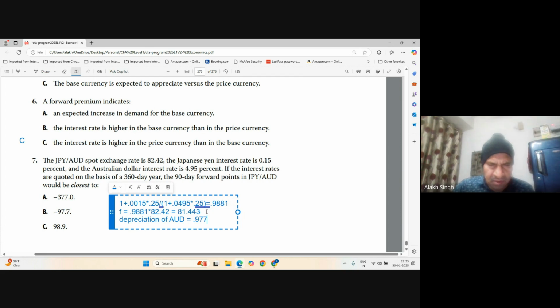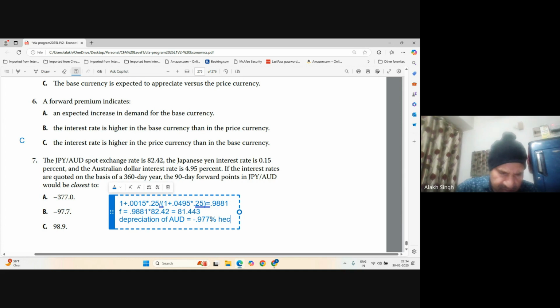And this times minus, since depreciation means it is minus. So minus 0.977, and since it was a percentage, we will multiply only by 100.